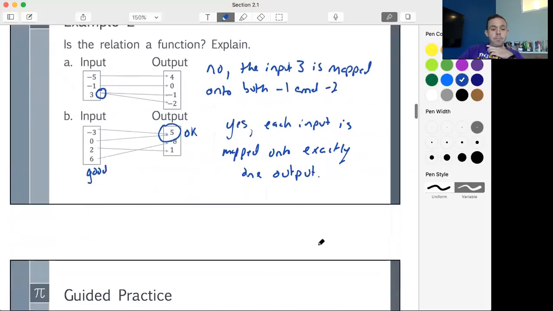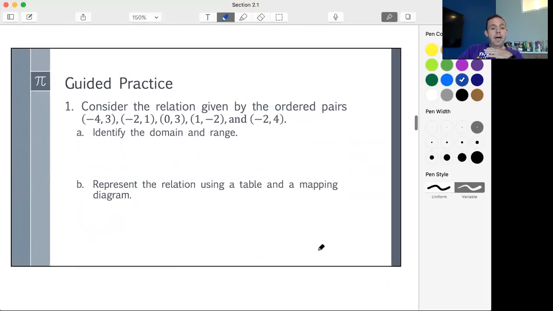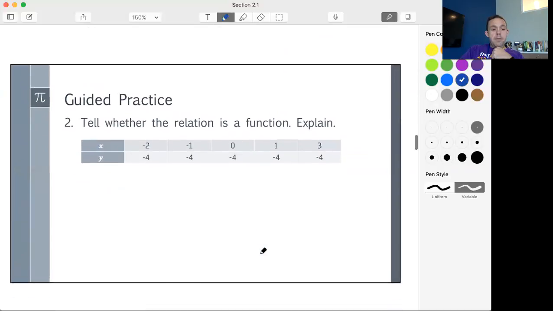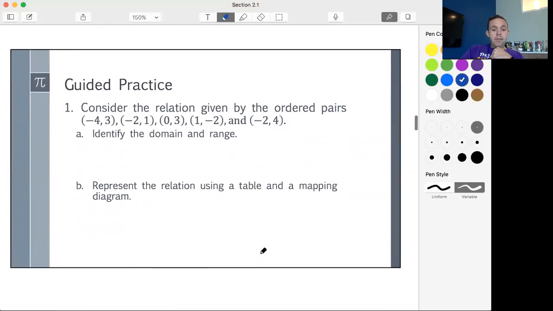Right. So why don't you try guided practice 1 for parts A and B. Okay, and then you're going to try guided practice number 2. All right, I'll give you a minute to try those.